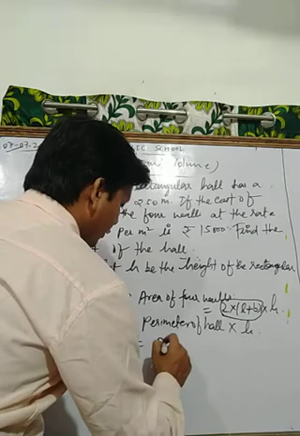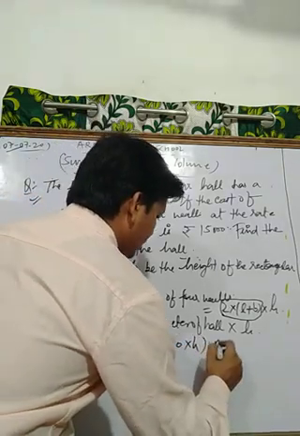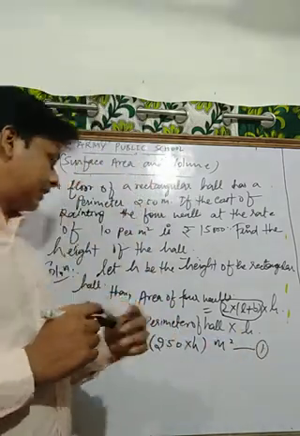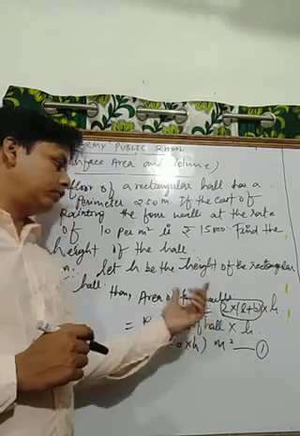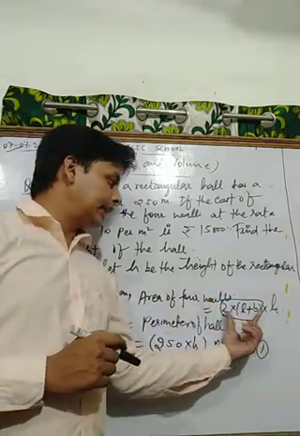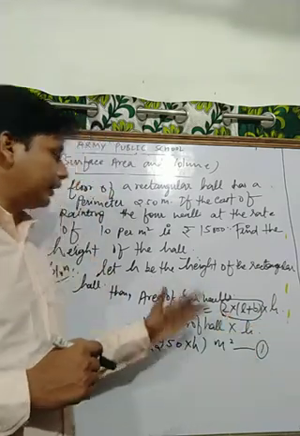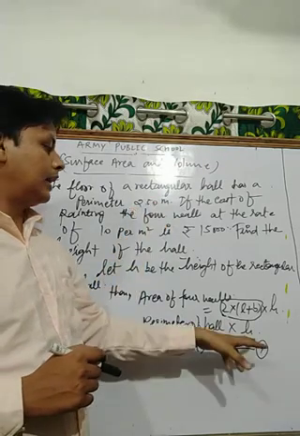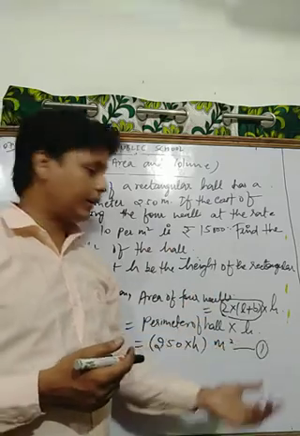So we put here 250 into h meter square. Take this as equation number 1. This is the area of 4 walls according to the formula 2 into L plus B into height. Here 2 into L plus B is the perimeter of the rectangular hall, and according to the question it is given, that is 250 meter, and we suppose that h is the height of the hall, which we find here.